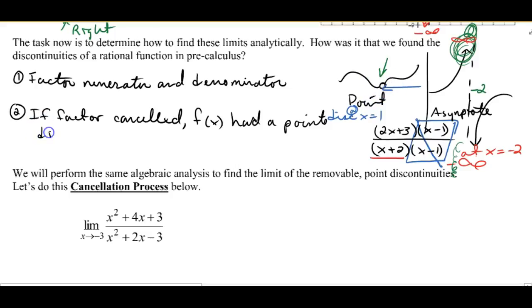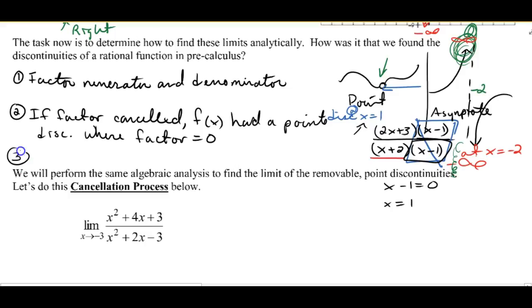It had a point discontinuity where the factor equals 0. And again, here, our factor that canceled out was x minus 1. What makes that 0? What makes this function undefined? I set that x minus 1 equal to 0 and say, well, then x equals 1. So I have a discontinuity at x equals 1 in this instance.